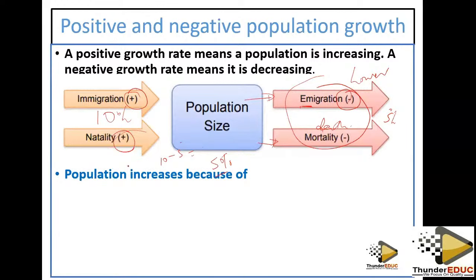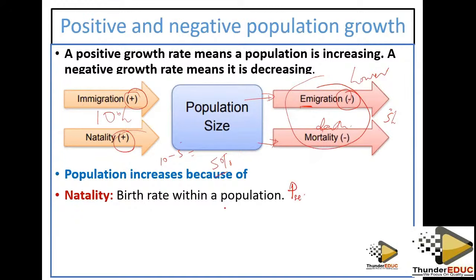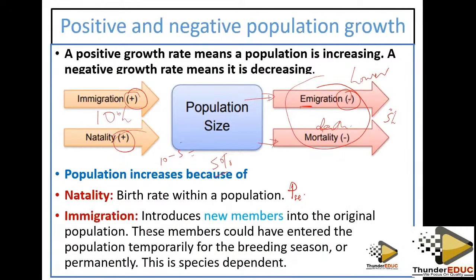The population size will increase because of, number one, the birth rate within the population is higher, maybe increased more than the death rate. Then you have the immigration specifically. This is introduction of new members in the population.